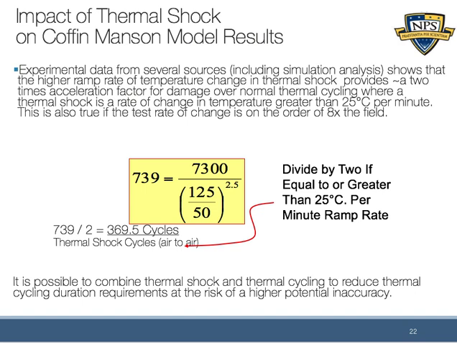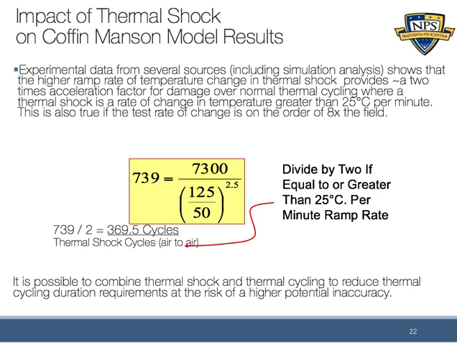There has been some work to show that a lot of the failure mechanisms that are being precipitated out of the components are not only dependent on the number of cycles and the delta T, but also are dependent on how fast the temperature changes in the chamber and also in the product.